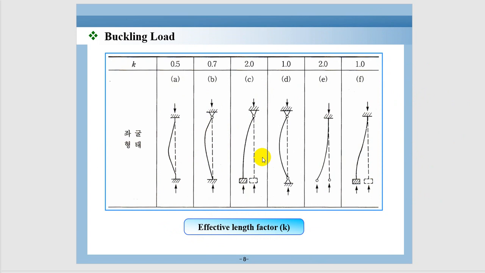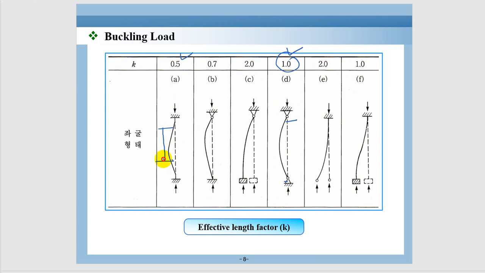So we have many types of effective length factors. This is what we saw before, and this is what we saw before too. This is pin. This is fixed. You know what that means?